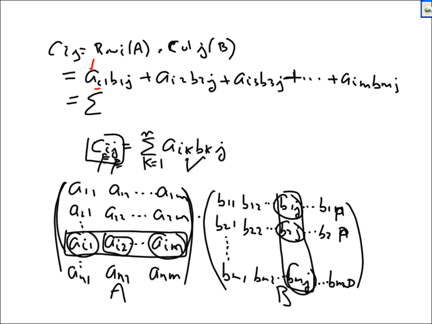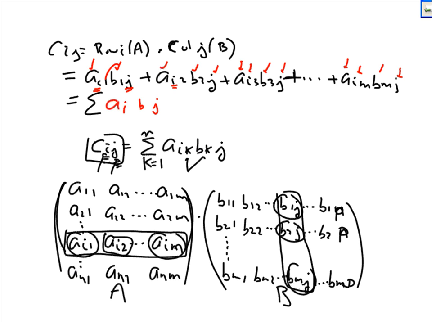They all have an A and an i, and a B and a j. So it's A sub i, B sub j. Now, what's changing?